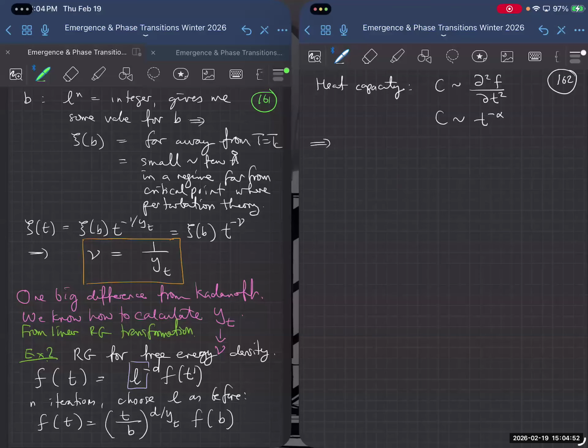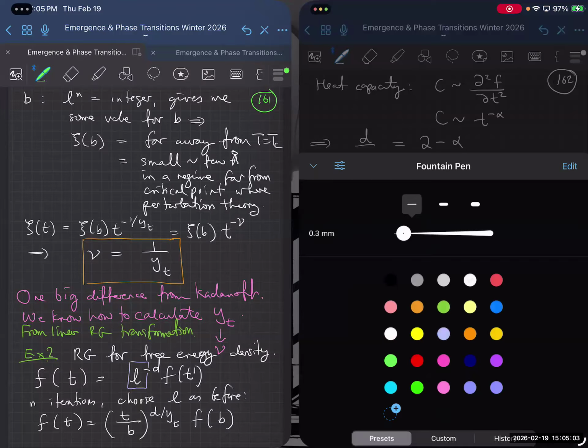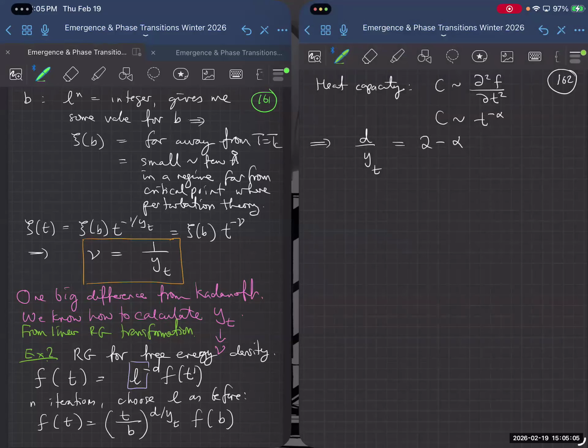So differentiating twice tells me that D over Y sub T is equal to 2 minus alpha. And I've just shown you that 1 over Y sub T is equal to nu. So that means D times nu is equal to 2 minus alpha. And that is the scaling law due to Josephson.